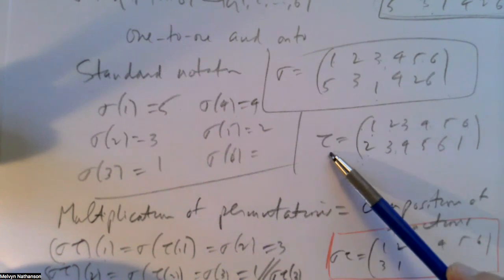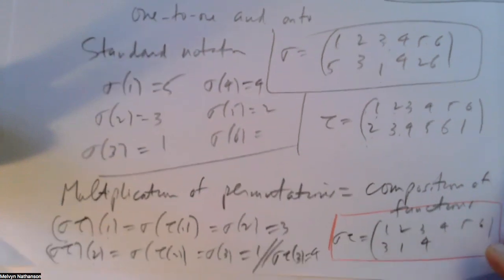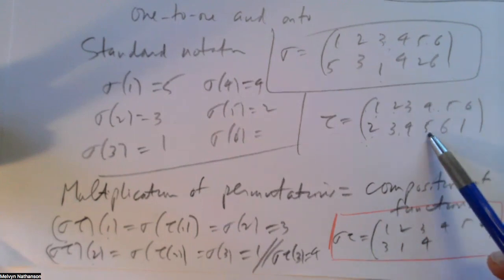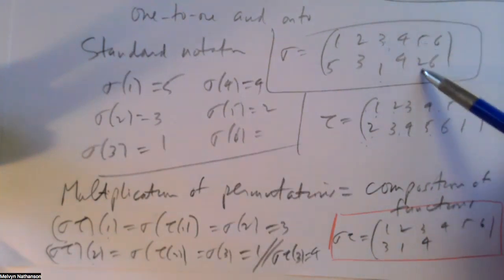So tau sends 3 to 4, and sigma sends 4 to 4. So sigma tau of 3 is equal to 4. What is sigma tau of 4? So tau of 4 is 5. Sigma of 5 is 2.